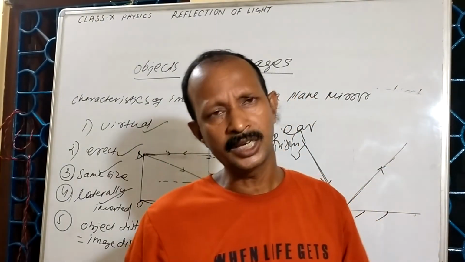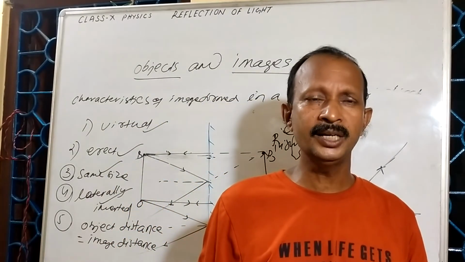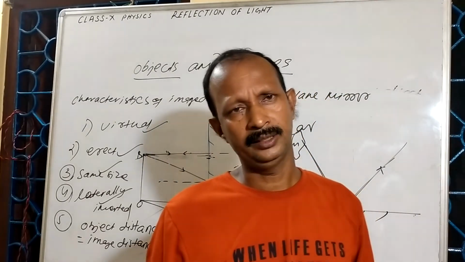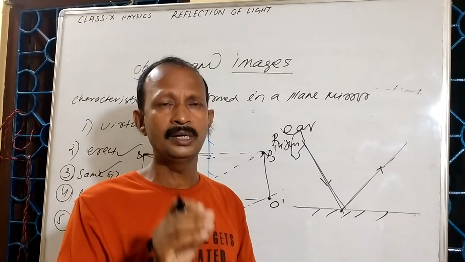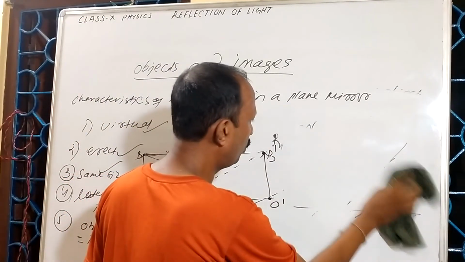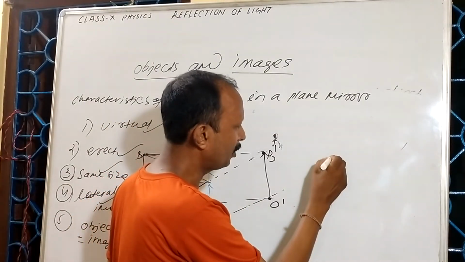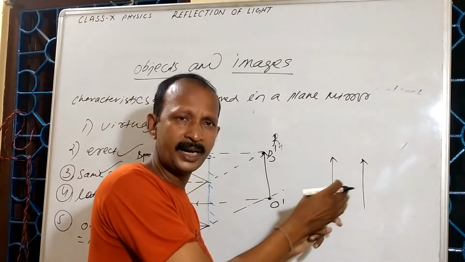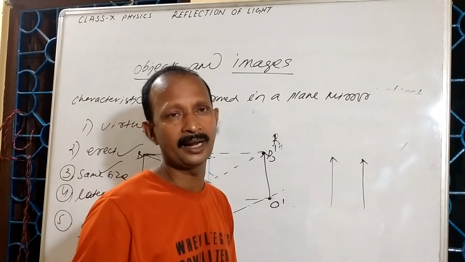It happens in the case of a virtual image. In the case of a real image, it is vertically inverted. So this is not vertically inverted. This is just laterally inverted. So suppose this arrow mark in a plane mirror, how does it look? It looks like an arrow only, because its left and right sides are both identical.